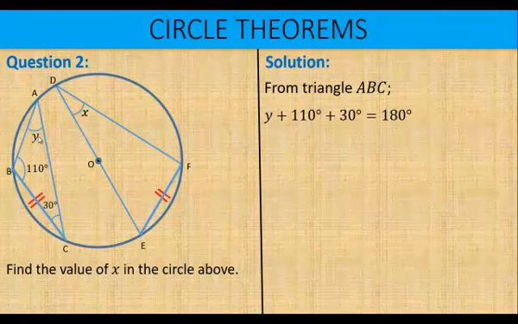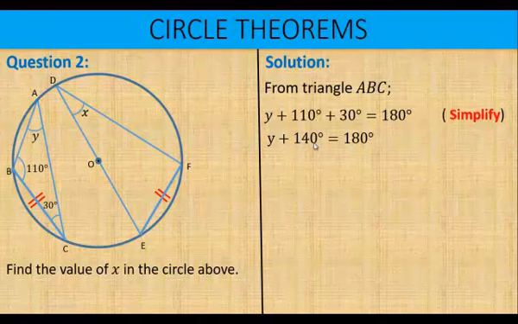We therefore add all the interior angles of triangle ABC, and that is what you see on the screen. y plus 110 degrees plus 30 degrees is equal to 180 degrees. Then we simplify to get y plus 140 degrees, because 110 degrees plus 30 degrees gives us 140 degrees, equal to 180 degrees.